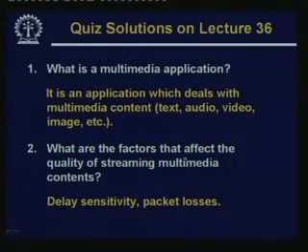What are the factors that affect the quality of streaming multimedia contents? Broadly we said that there are two things. One is delay sensitivity. If the delay is long but the delays of all packets are the same, then it is okay if it is not real time traffic.